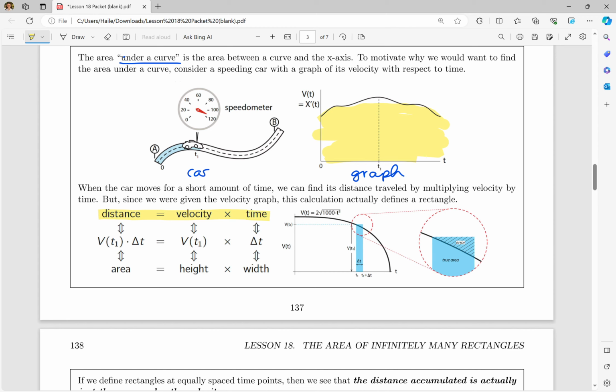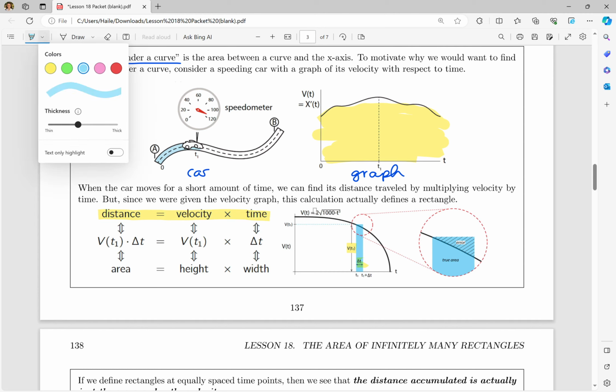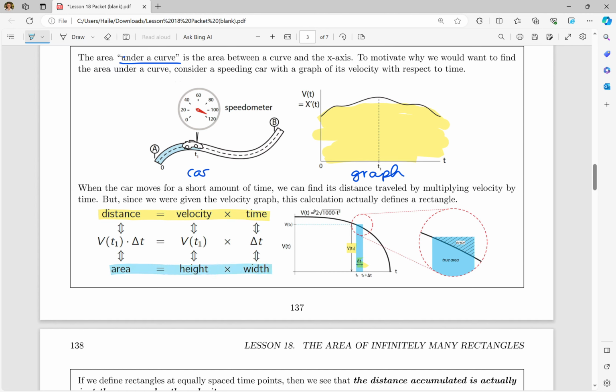If we think about what velocity times time means on the graph, velocity is a y value and time is an x value. So if we multiply velocity times time, that's actually giving us the area of a rectangle. If velocity is the height and time is the width, then we literally get height times width.